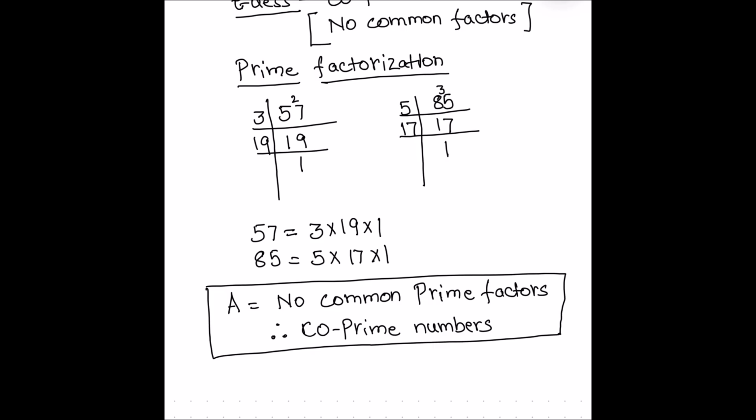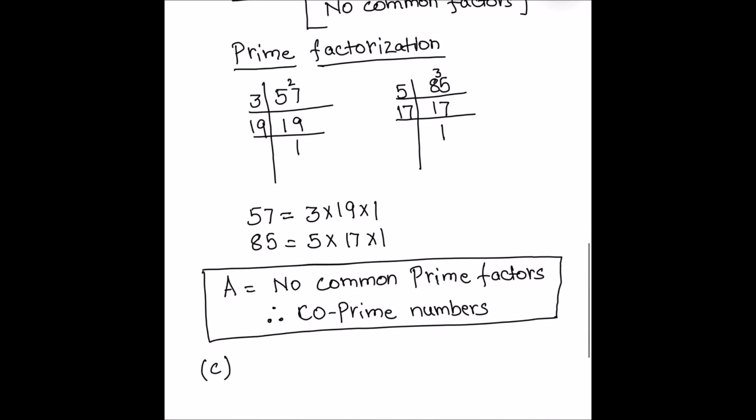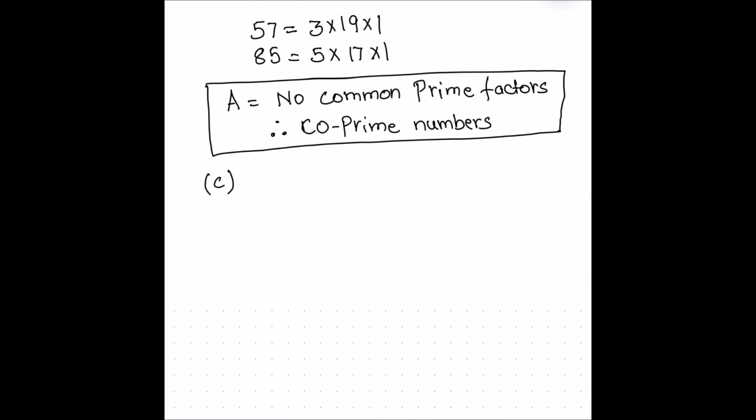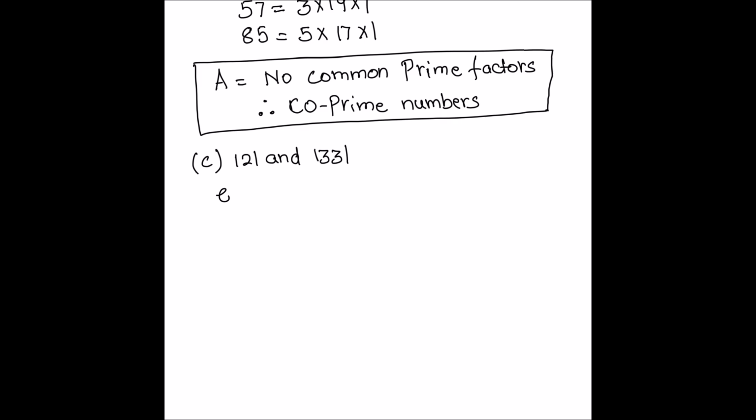Now let's move on to the third pair of numbers, which is 121 and 1331. So first we'll guess. I feel these are not co-prime numbers because they both are multiples of 11.